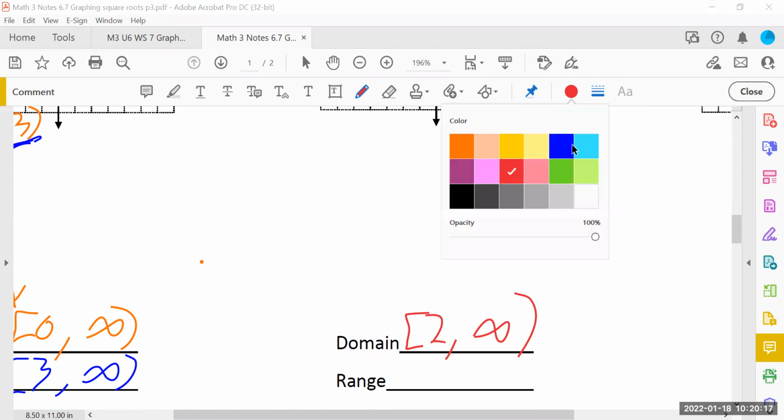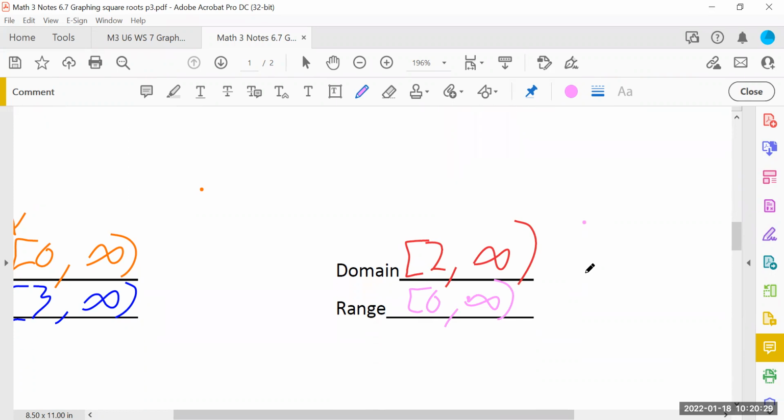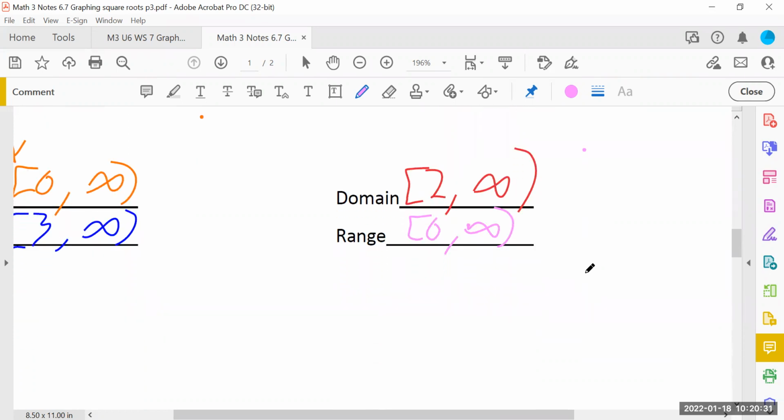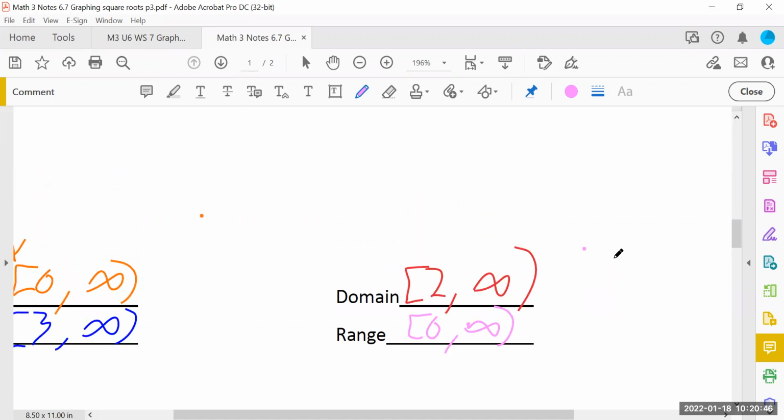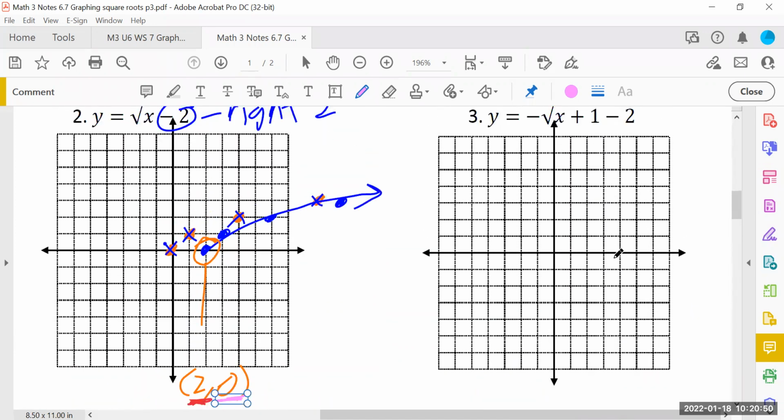My range is 0 to infinity. Anyone have questions on those? All right, let's do another one.